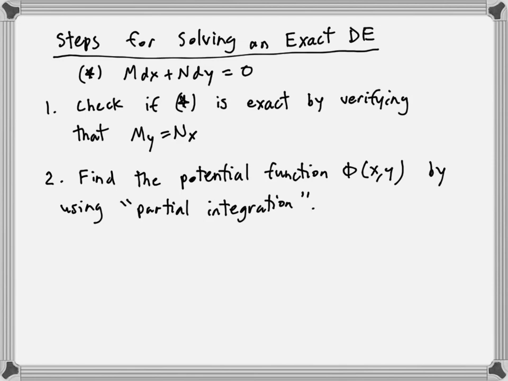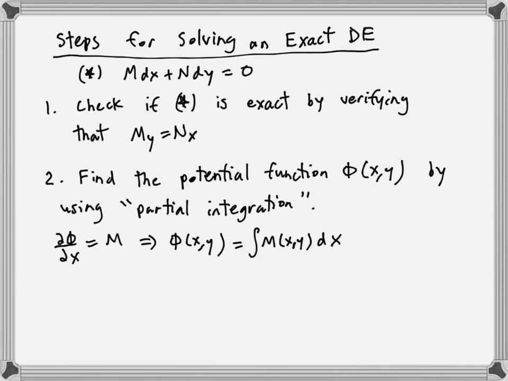Well, think about it. If we know that the partial of phi with respect to x is equal to the M function, then this means that we can find phi by taking the integral of the M function with respect to x.